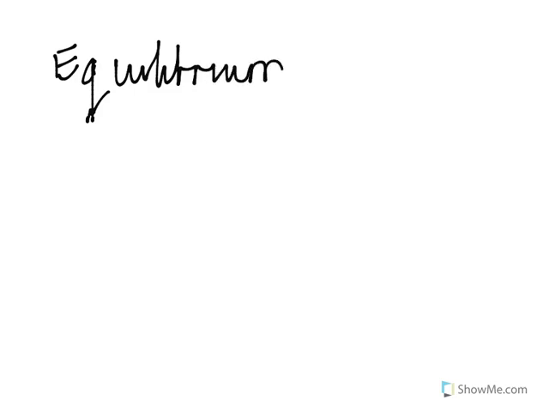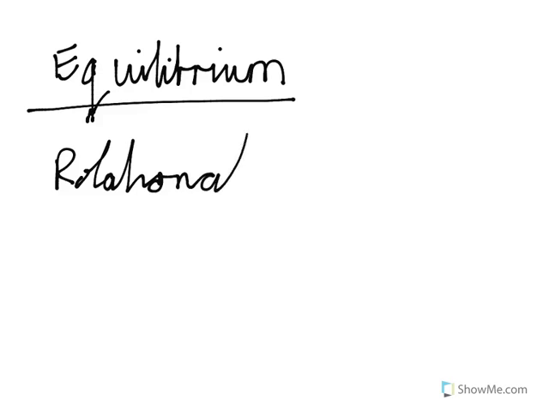Alright, so the next thing we move on to is what we refer to as equilibrium. There are two types of equilibrium. There is rotational, so whether something is going to rotate or not.